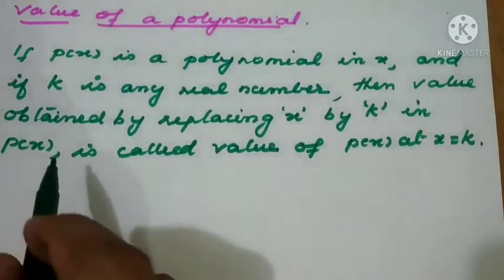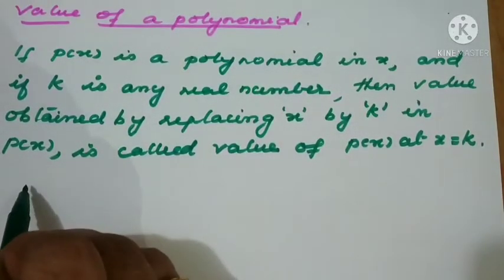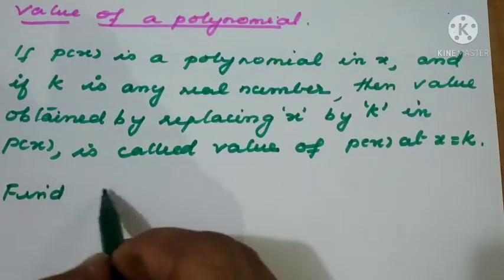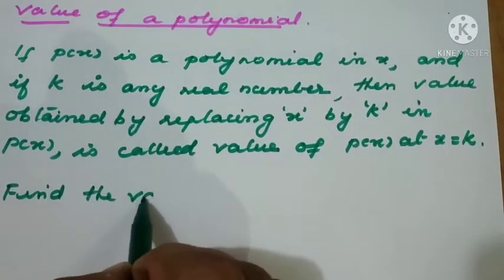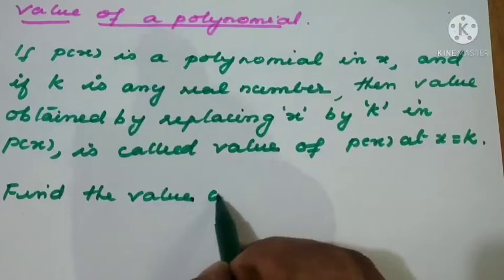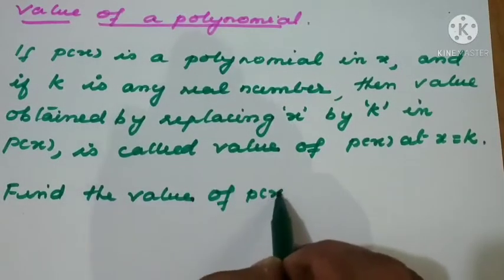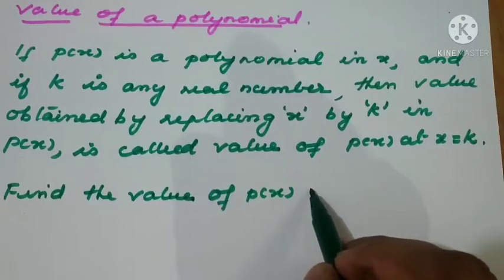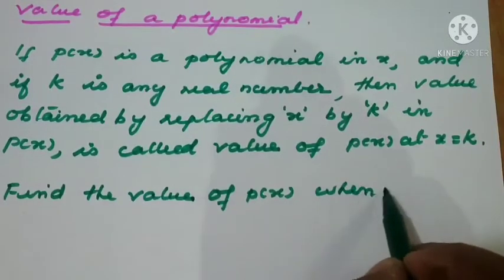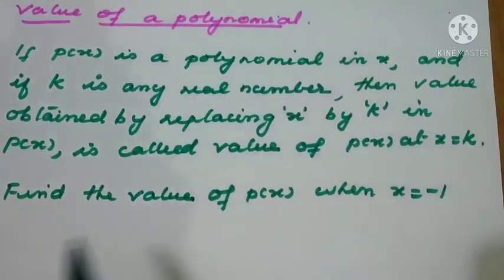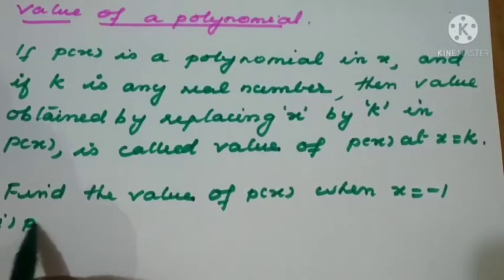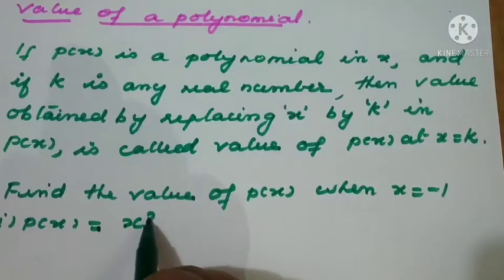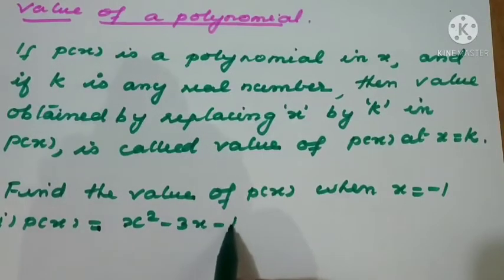So the question I'll write: find the value of p of x when x equal to minus 1. The first question, p of x equal to x square minus 3x minus 4.